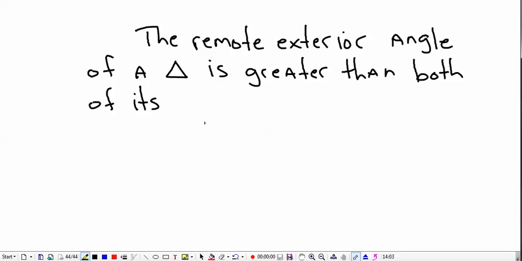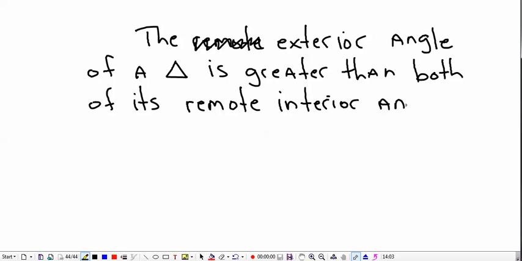Wait a minute, I messed that up. Just hang on a minute. Scratch this out. The exterior angle of a triangle is greater than both of its remote interior angles.